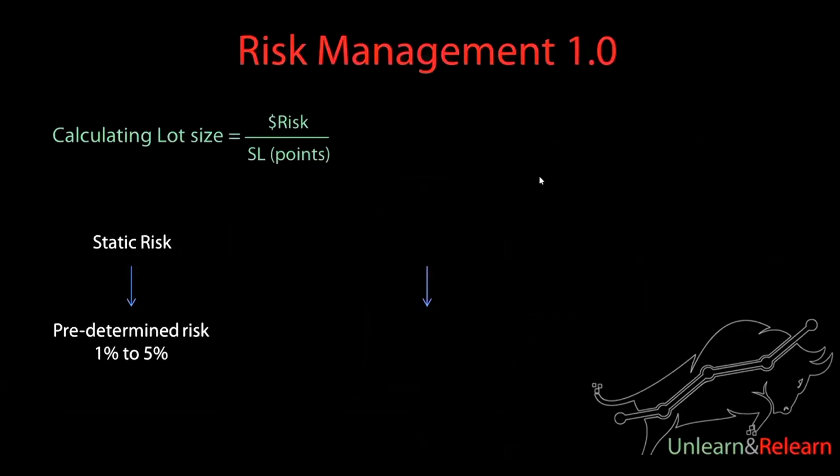Now risk is basically divided into two parts. Number one is your static risk. Number two is your dynamic risk. Most people like to use static risk, and when you're a new trader, I would recommend static risk. Static risk means you're approaching a trade using only one position, and that position is just one risk.